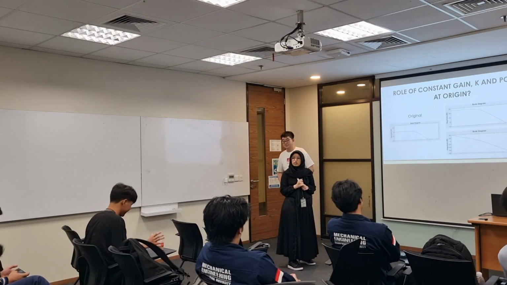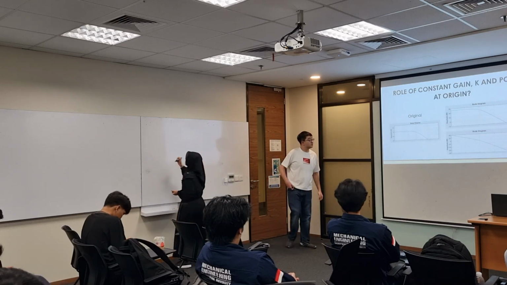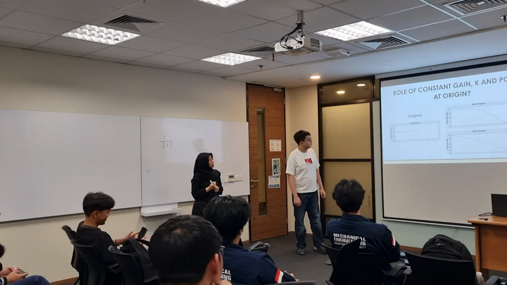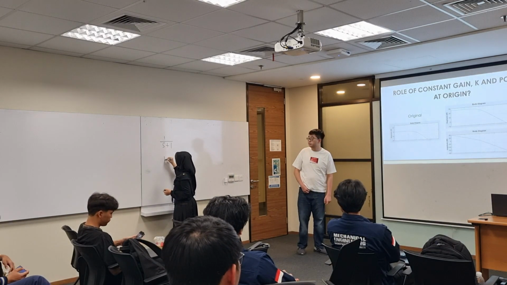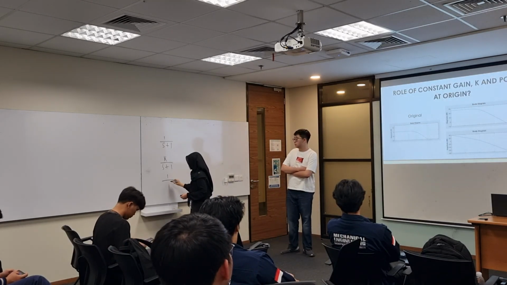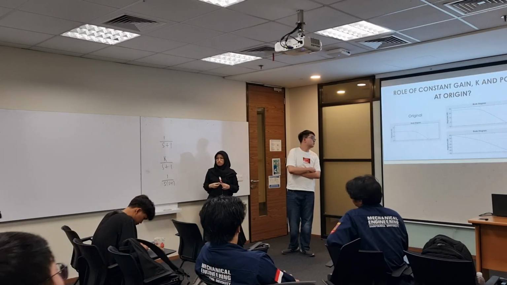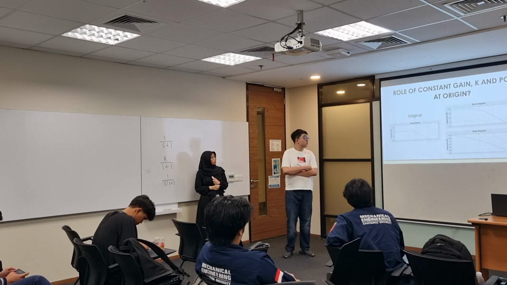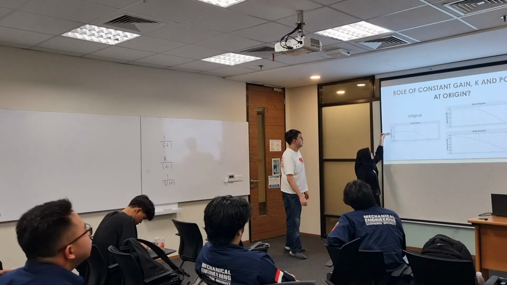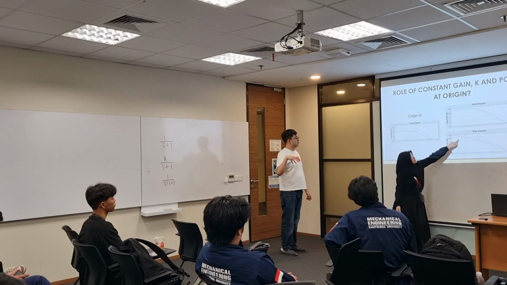And with the gain K, basically what we're trying to explain is that you shift the plot by some value, and with the pole you add slope.